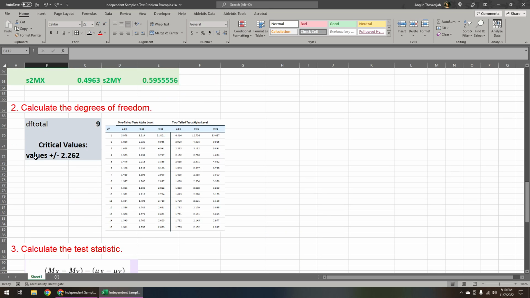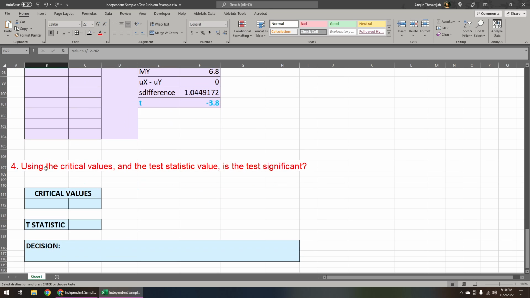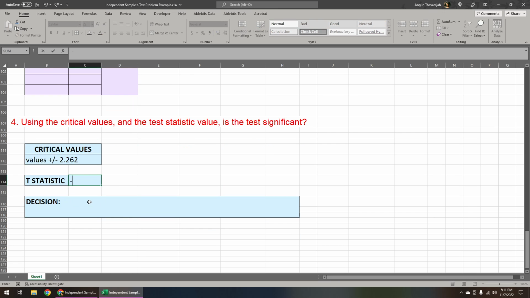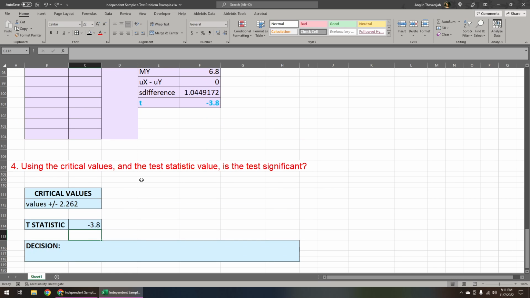So your critical values that we're using in this specific example are plus or minus 2.262. Our t statistic in this problem is negative 3.8. So in that case, because the negative 3.8 falls in this critical value region, right? It falls in that purple region. It is less than negative 2.262.